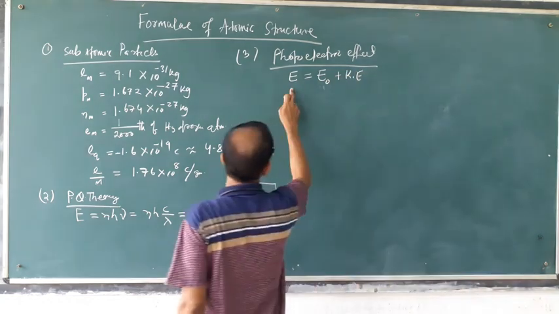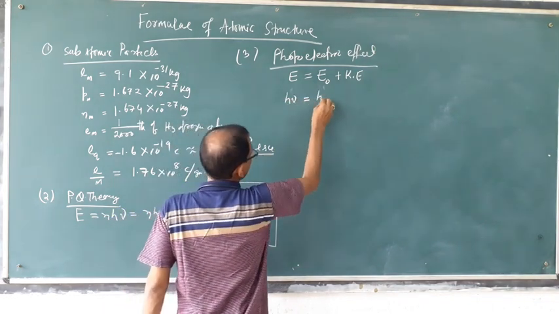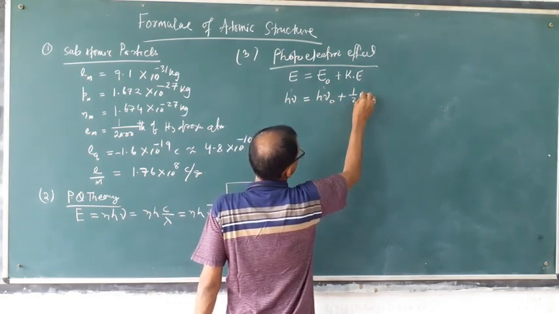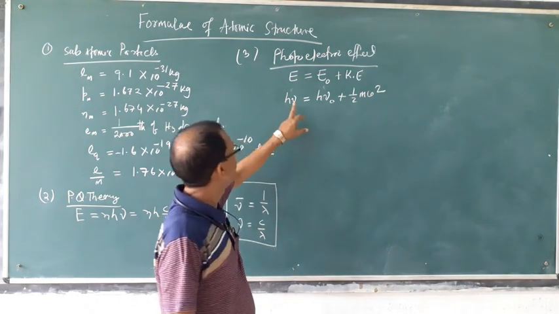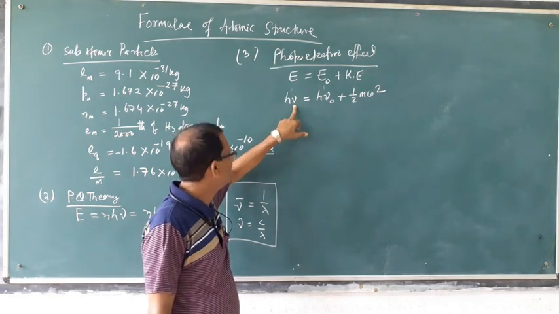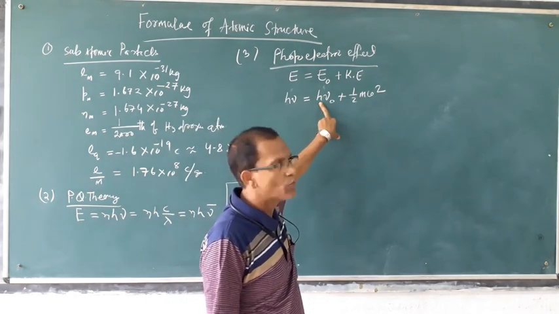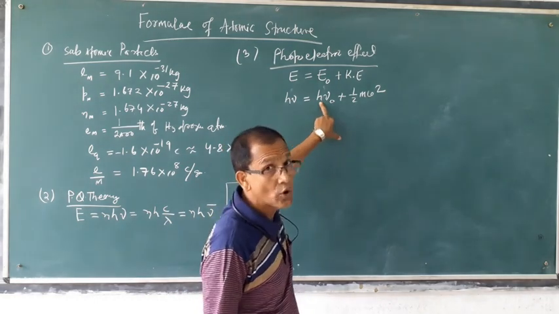This can be written as h nu is equal to h nu 0 plus kinetic energy, equal to half mv square. What is h nu? Energy of falling light. What is h nu 0? That is the work function, or it is called threshold energy.